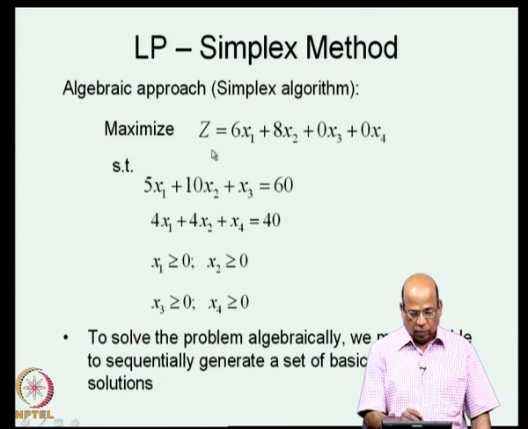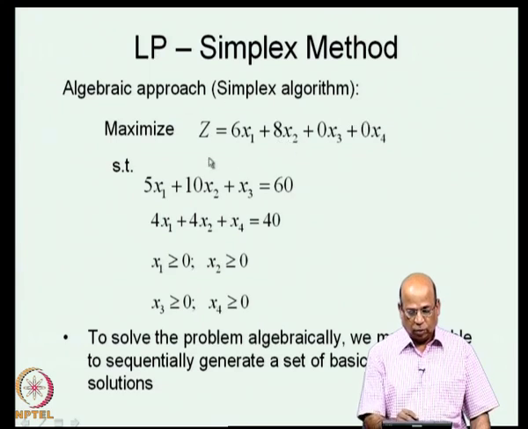This is our original problem, where we had maximize z is equal to 6 x1 plus 8 x2. This was the original objective function. We introduced the slack variables x3 and x4, because these were not there in the earlier problem and they should not influence the objective function.